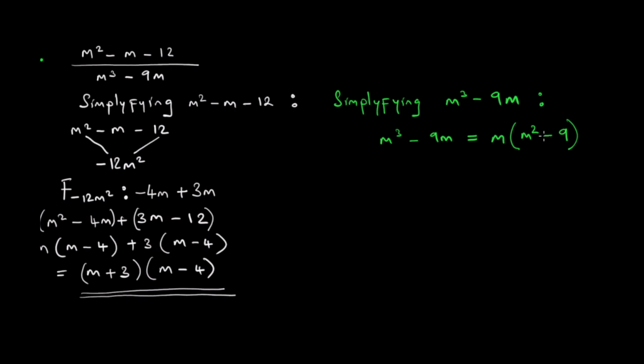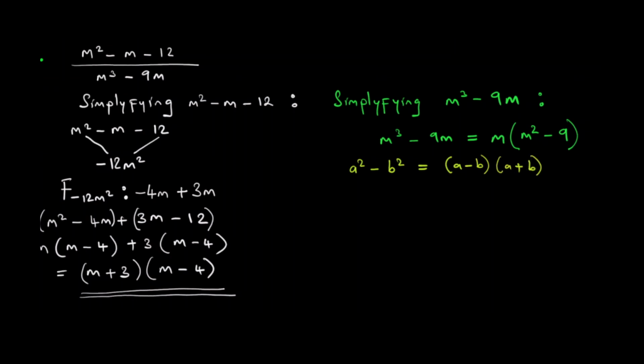But m squared minus 9, I want you to remember the difference of two squares. Takati difference of two squares, kana tina a squared minus b squared inenge equal to chii? So we learned from the difference of two squares kuti a squared minus b squared iri equal to a minus b, a plus b.